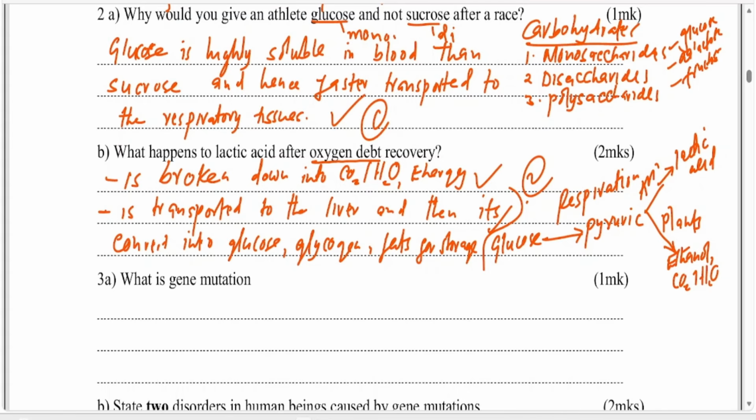Let's look at question number 3. What is gene mutation as used in the topic genetics? Gene mutation means what? We know we have the processes that take place on the structure of that gene, making it change its form.